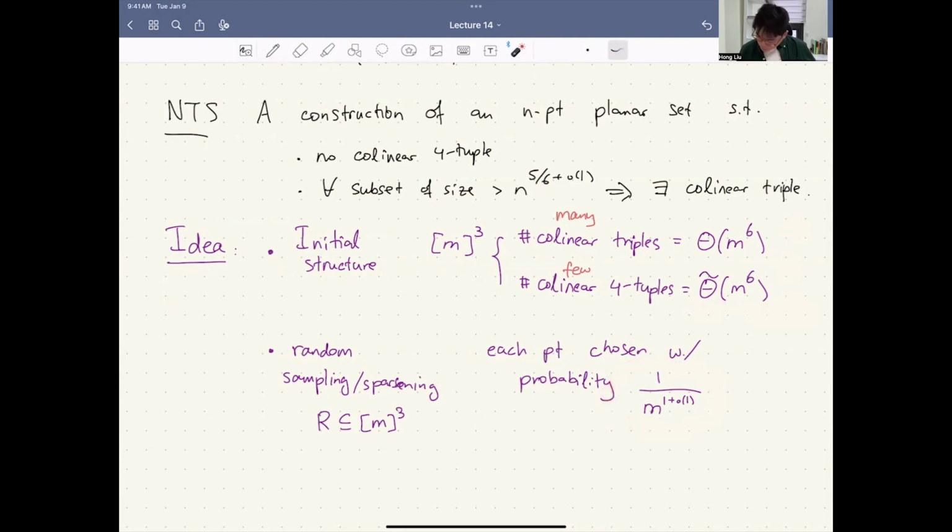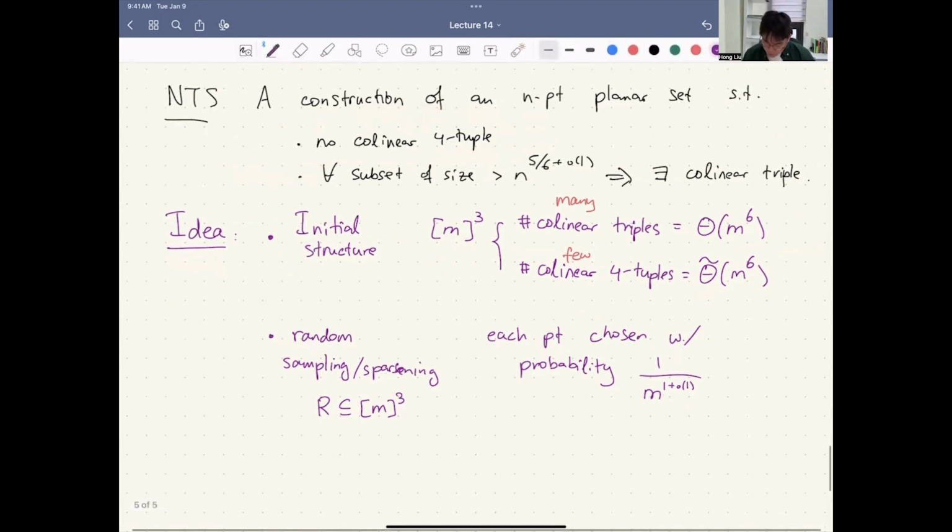Meaning that when you take small p, there are much, much fewer 4 tuple than 3 tuple and collinear ones. Then we can just do first moment deletion to remove a point from every collinear 4 tuple to kill all the collinear 4 tuples. Now we have the first property, right?